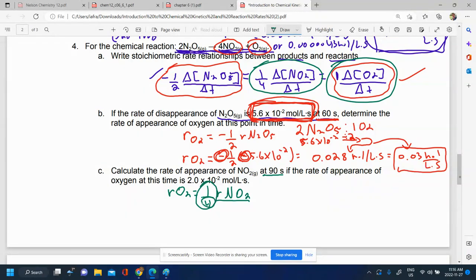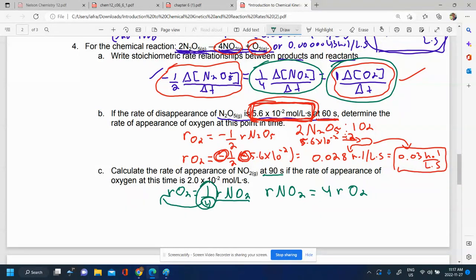When you send it to the other side, it becomes a multiplication. So what we get here is that the rate of NO2 is equal to 4 times the rate of O2. Right? If the rate of O2 is a quarter of NO2, then to find NO2, you have to do 4 times O2, since it's 4 times more.